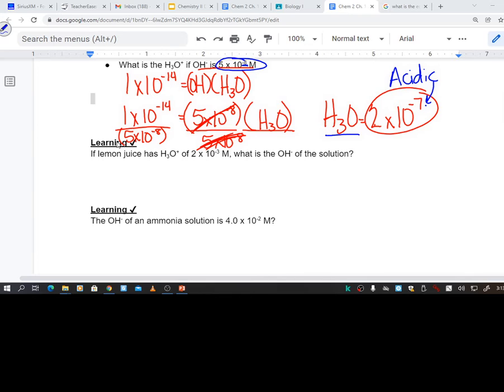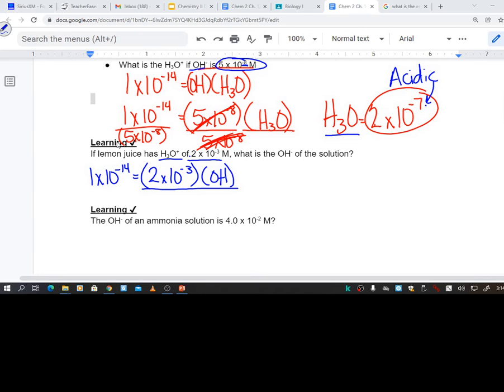All right, so let's look at the learning check then. If lemon juice has an H3O of 2 times 10 to the negative 3rd, what is the OH? So we're going to set this up again just like we did. 1 times 10 to the negative 14th equals, I'm going to go ahead and plug this in, 2 times 10 to the negative 3rd times OH, which is what I'm looking for. Even though it's a different type of problem, they gave me H3O, it's still the same thing.